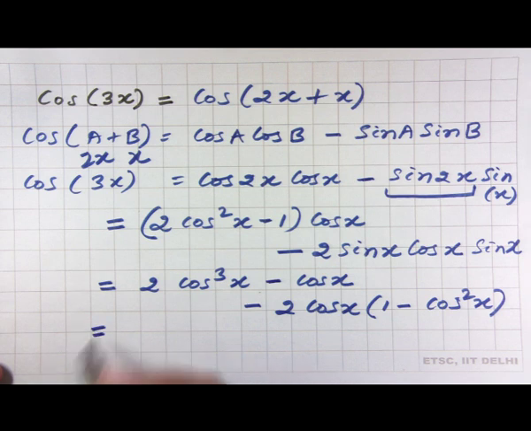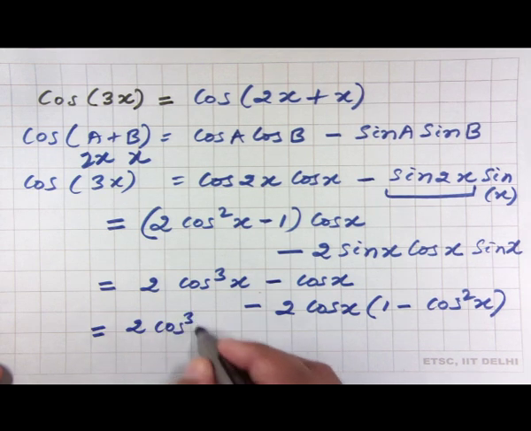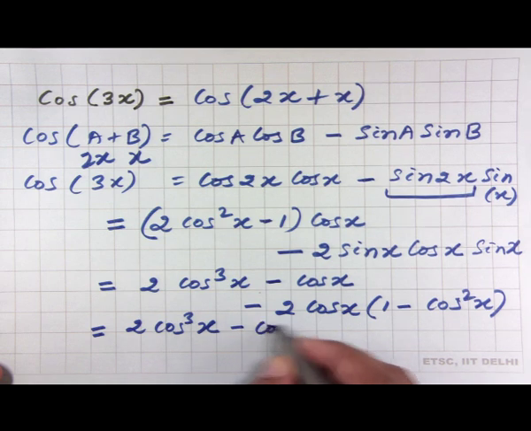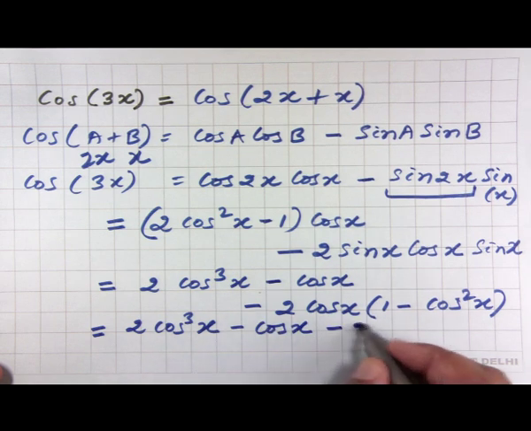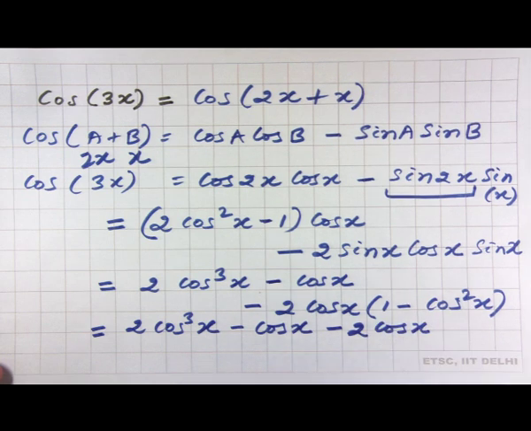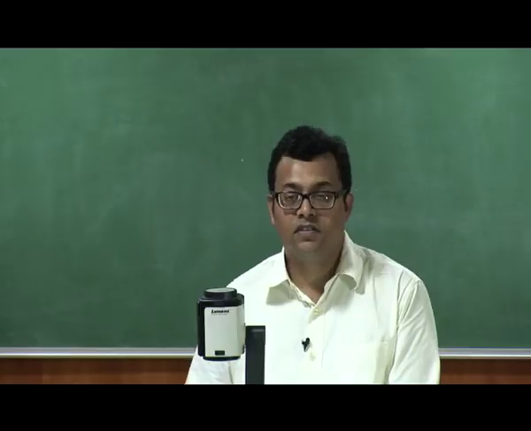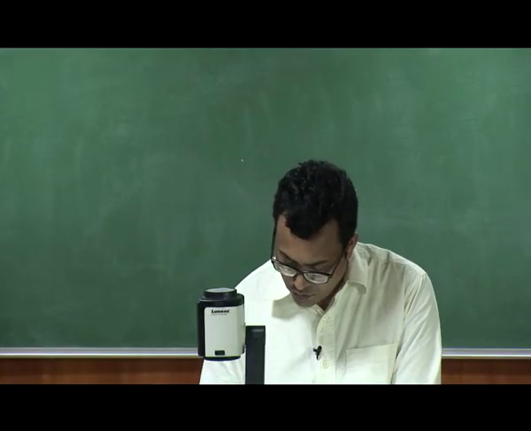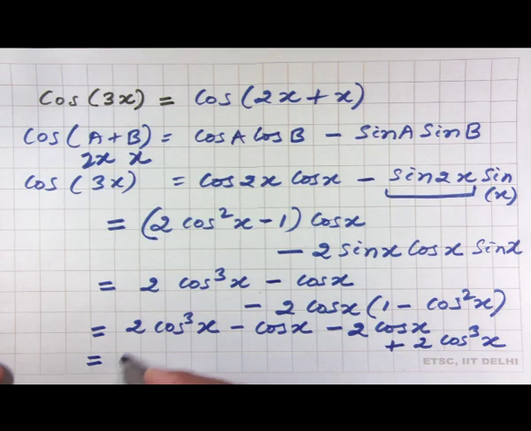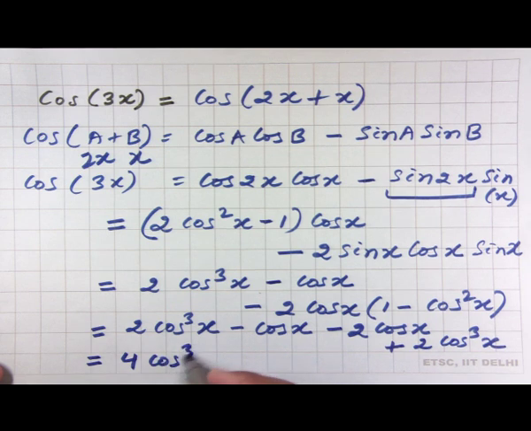So, finally, we get 2 cos cube x minus cos x minus 2 cos x plus 2 cos cube x, which is equal to, so 2 cos cube x here and 2 here, so that becomes 4 cos cube x minus 3 cos x. So, that is cosine of 3x.